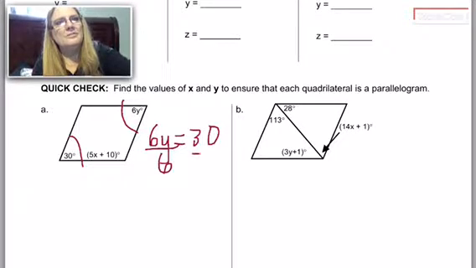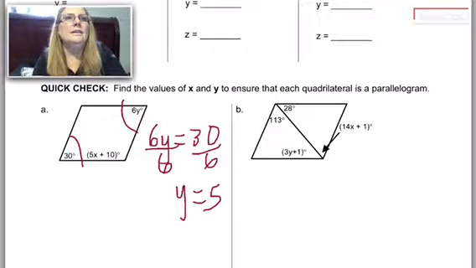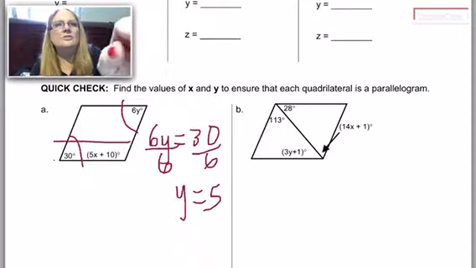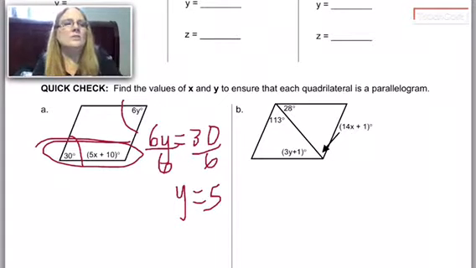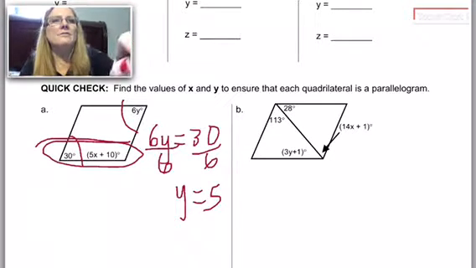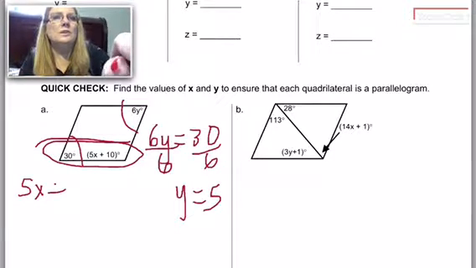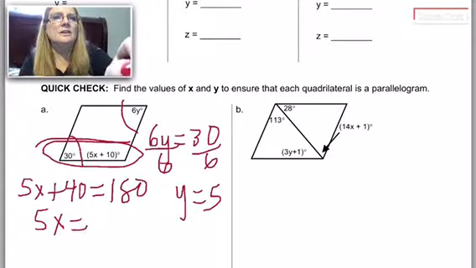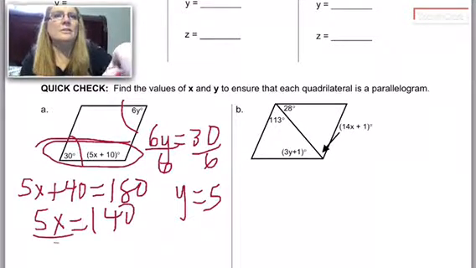So if you divide by 6, y would be equal to 5. And then x, these two together are supplementary. So if we add 5x plus 10 and 30, that's going to be 5x plus 40. We set that equal to 180, and we get 5x equals 140.